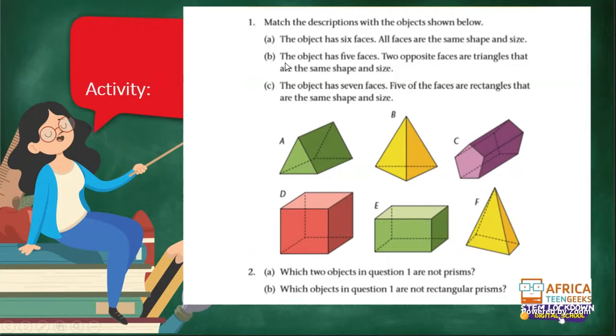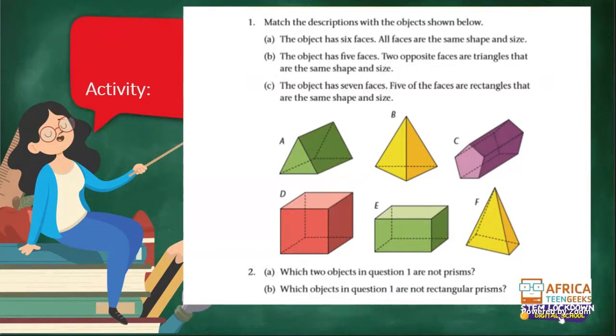All right. So the second description says the object has 5 faces, 2 opposite faces of triangles that are the same shape and size. It says the object has got 5 faces.